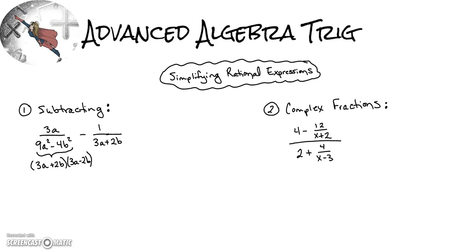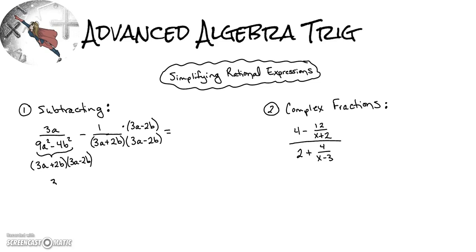So to be able to subtract, we need common denominators, which means this second denominator needs to be multiplied by 3a minus 2b. And if we do it on the bottom of that fraction, we also have to do it on the top. Okay, so now I'm going to rewrite what I have.